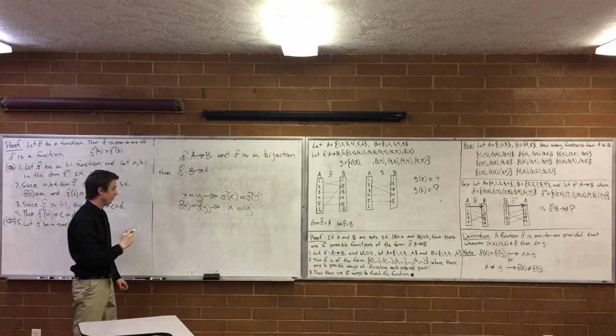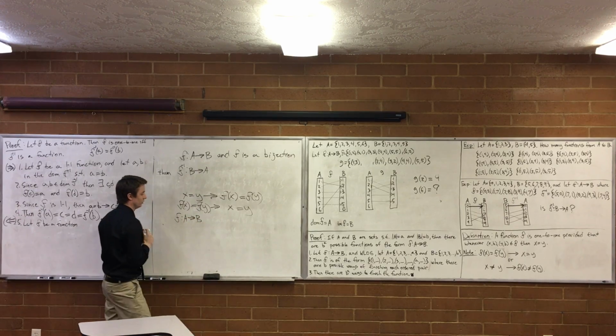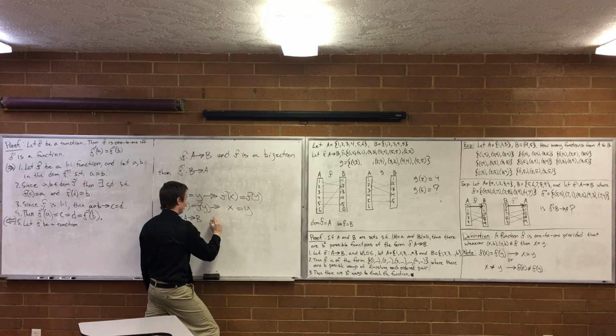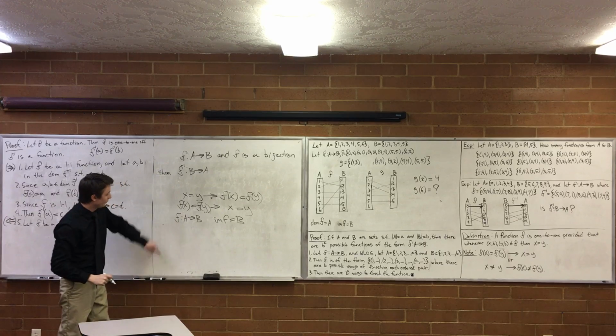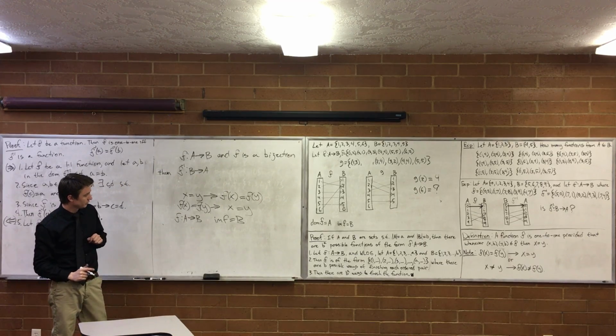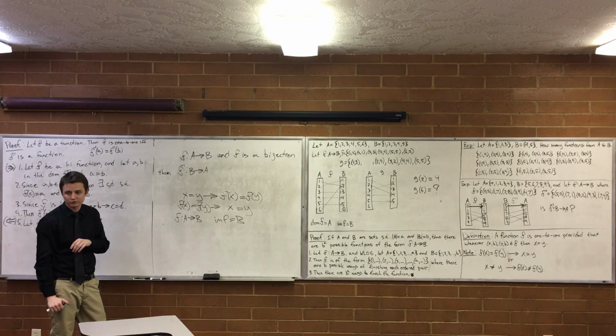We had onto: if we had a function from A to B, then this function was onto when the image of f was equal to B. And then a bijection means it has both those properties. And those are the big ideas with functions.